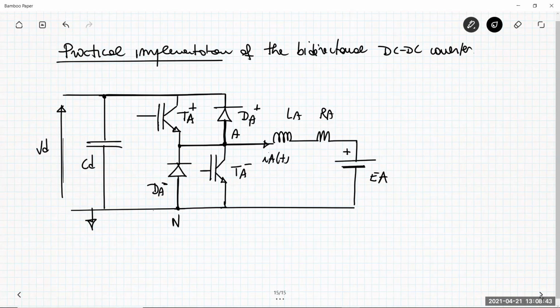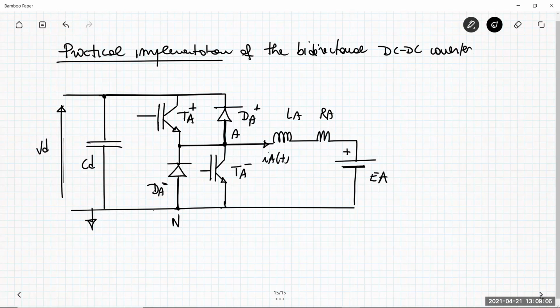In order to manage the possibility of bidirectional flow of the current, we need to implement the two switches of the switching power pole using bidirectional switches, so switches that are able to manage a current that can flow in both directions.